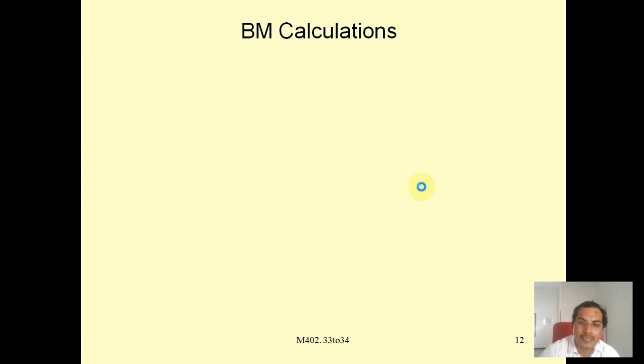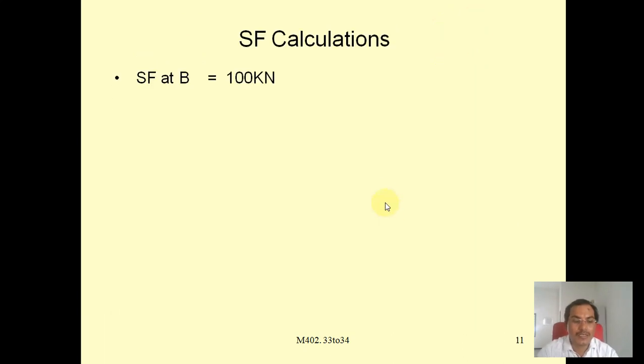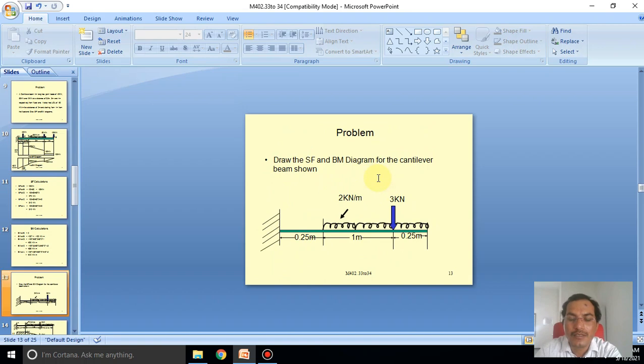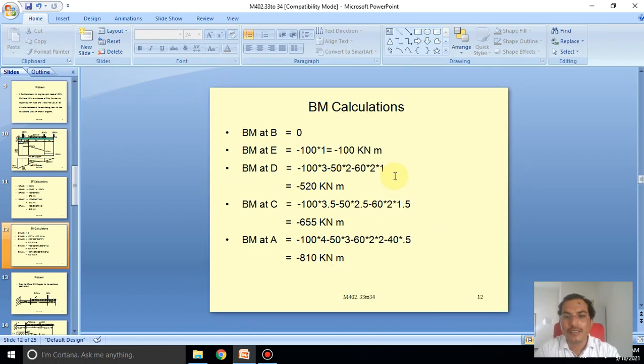At the point of E, considering only the right side, the left side not considered, it is 100 into length, W into L, so 100 into 1.